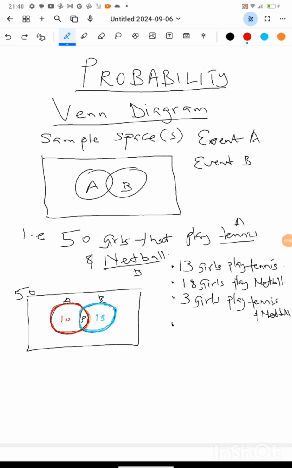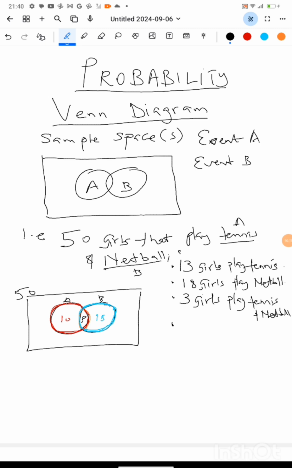Okay, there we go. Now, so this is how probability is. Let's say, remember you had 50 girls that play tennis and netball.